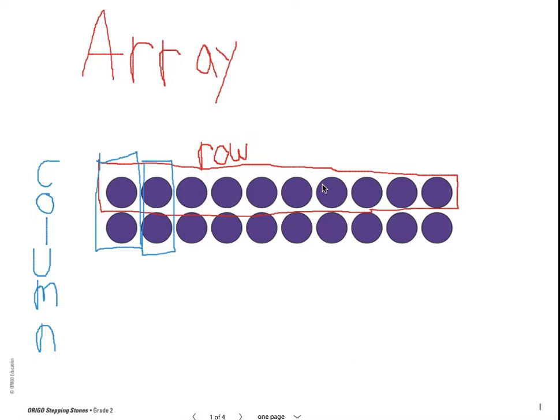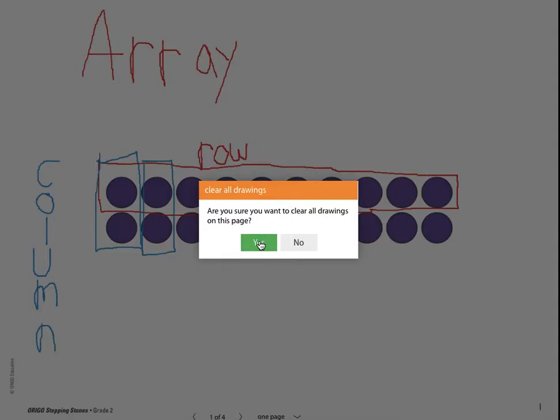A quick way you could tell me that I would understand would be 2 rows of 10. Okay? Is there a way we can figure out how many dots are here total without going through and counting by ones?